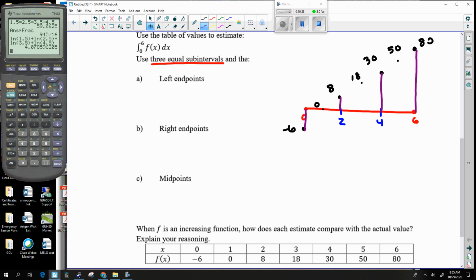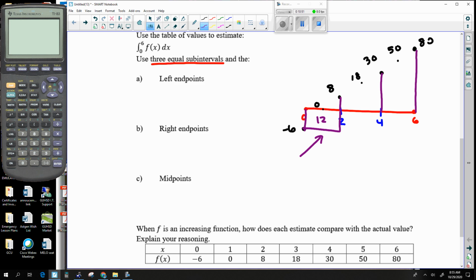Also, if an area is underneath the x-axis, so for instance, the first left is going to be a rectangle underneath, this has a negative area. So this has a height of 6 and a base of 2. So this technically has an area of 12, right?